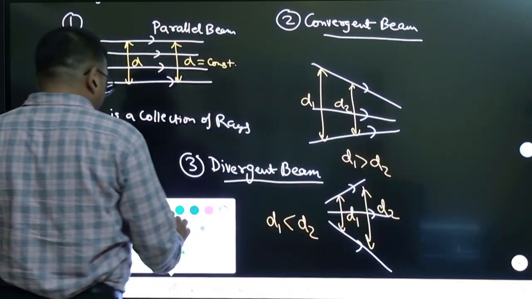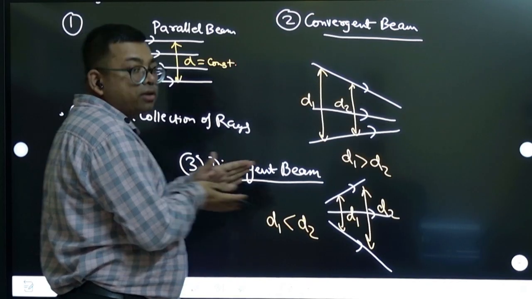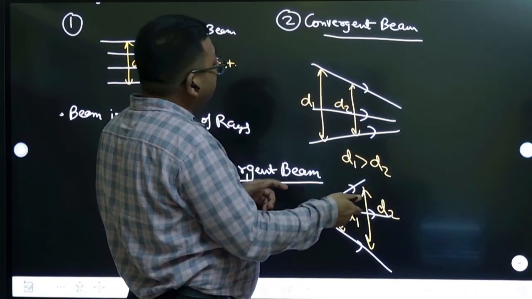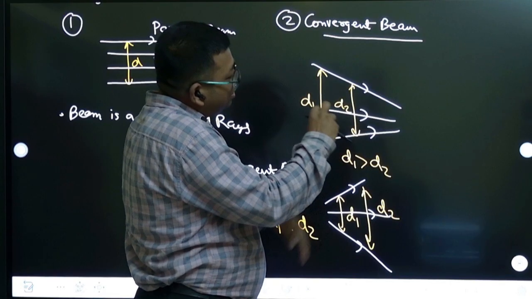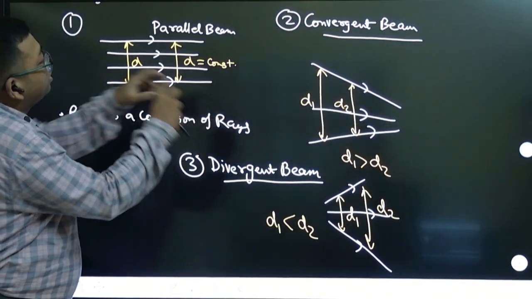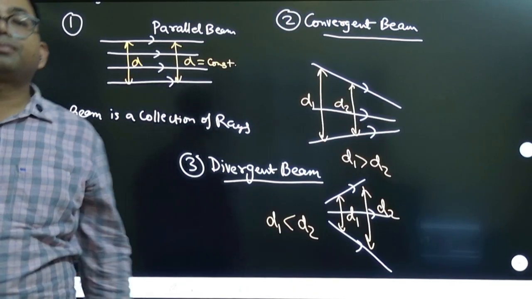Note that these rays are going in this way, and along the path of the ray the diameter increases. So that is diverging. If along the path of the ray the diameter decreases, that is called convergent. If there is no change in diameter, same diameter, it is a parallel beam. Clear?